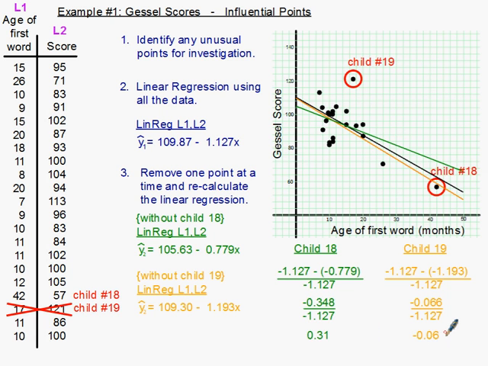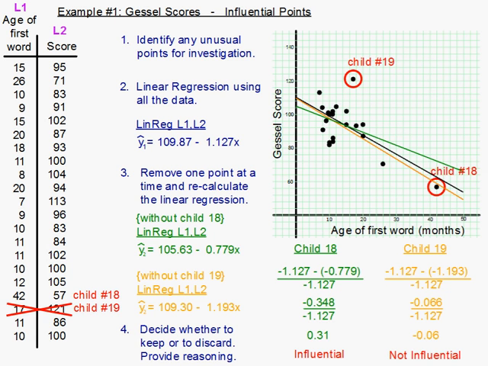When we remove child 19, the slope only changed by 6%. Positive or negative just means positive change or negative change; that doesn't make too much difference. 6% isn't that much, but this is almost a third. That's actually pretty huge. So we could pretty clearly say child 18 is an influential point in this data set, and child 19 really isn't.